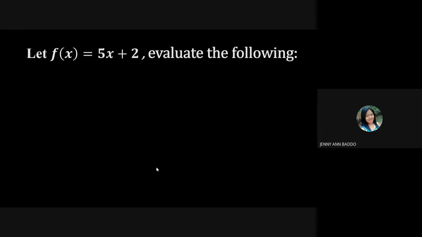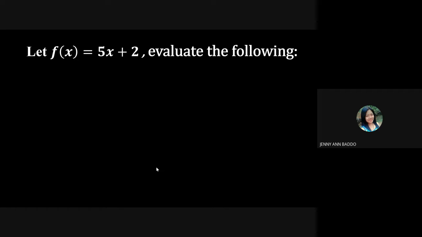Let us have examples. Let f of x equals 5x plus 2. Evaluate the following. First, f of 3. So to evaluate f of 3, first, we consider the given function. Now, since it's already in the form f of x equals 5x plus 2, we can now substitute the given value to the linear equation.